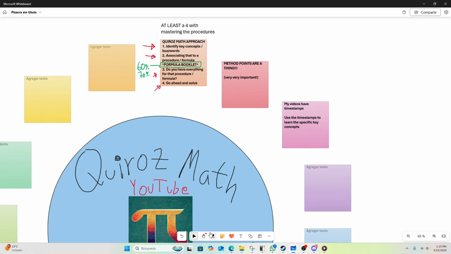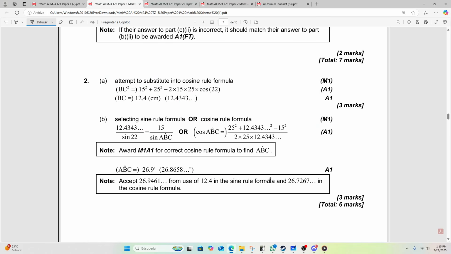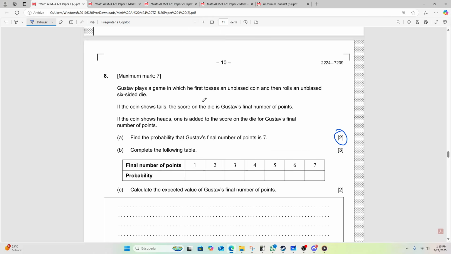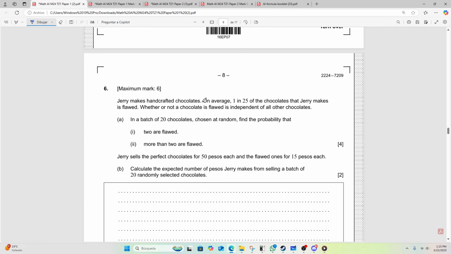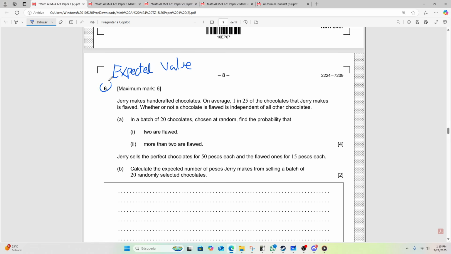As an example, let's say you are trying to learn expected value. And this number 6 has expected value right there. Now, of course, you don't want to click on my video and watch part A, part II, and the introduction at the beginning, because that's already a lot of time.